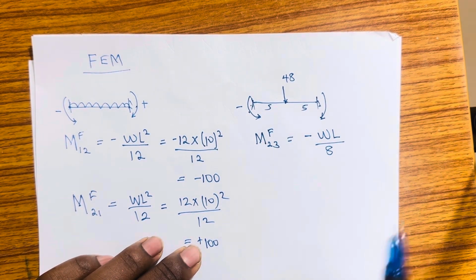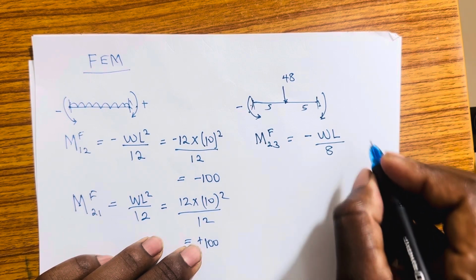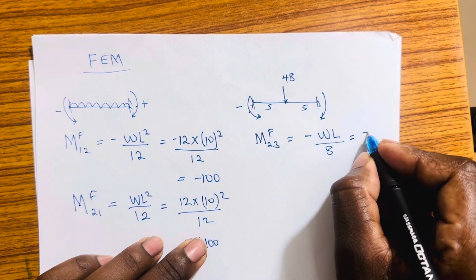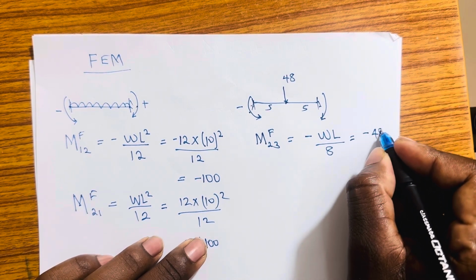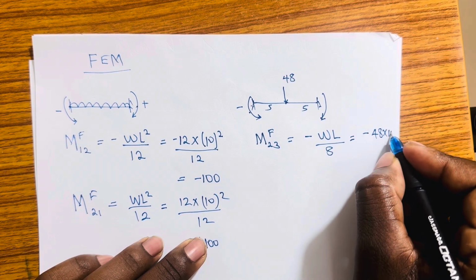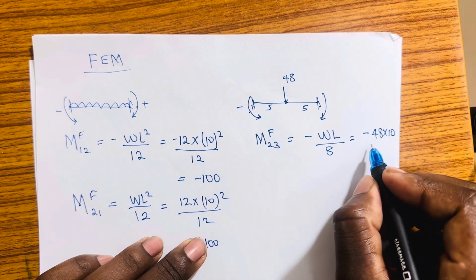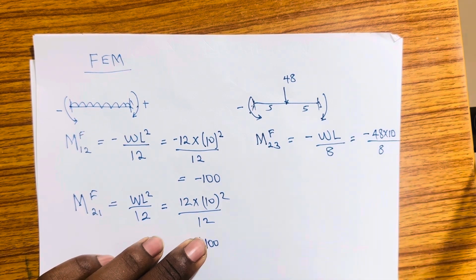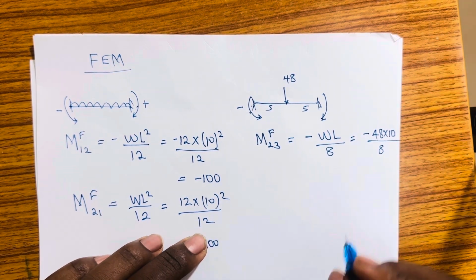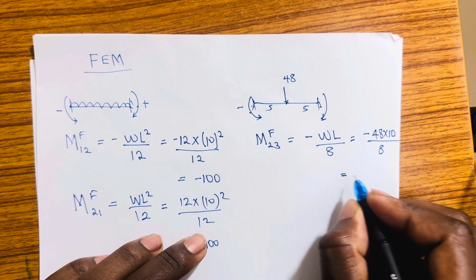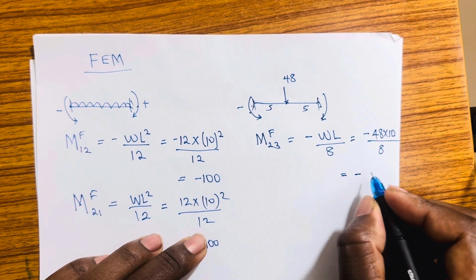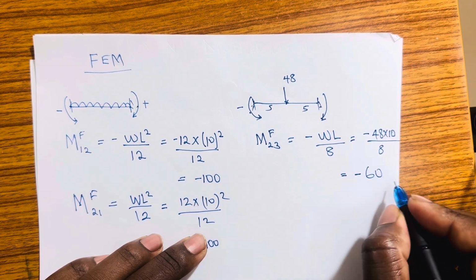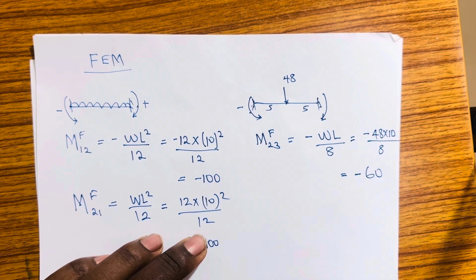So this value is going to be minus, what is our W? 48. What is L? 10. I hope you can see that. Then out of 8. When you press it carefully, you get minus 60. And this is a kilonewton meter fixed end moment.